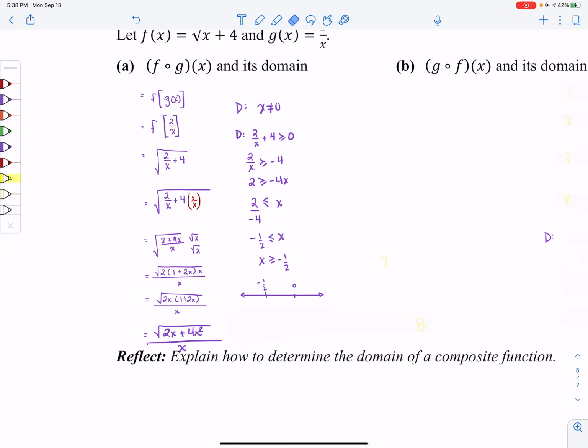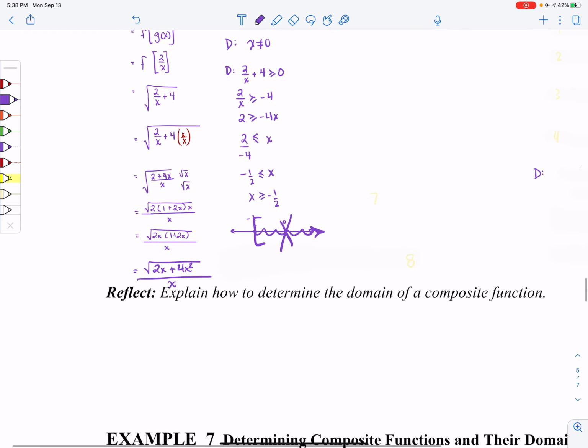Now, let's put our two cases together. Let's look at what this is going to look like on the number line. So all of my x's greater than or equal to -1/2, that says that, hey, I can choose any number to the right of -1/2. But when I combine it with the fact that x is not allowed to equal 0, I have to throw out that particular value of x equals 0. So then what does that look like in interval notation?